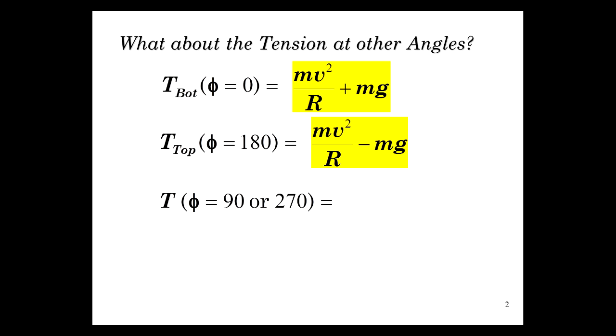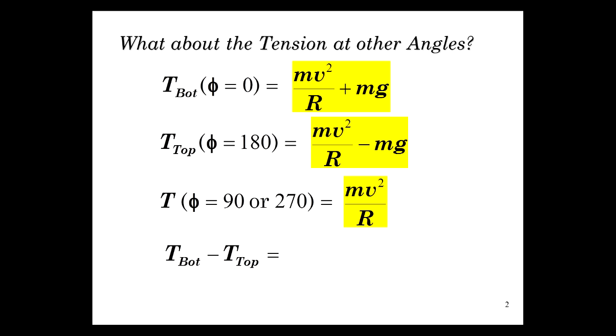At the sides, 90 degrees or 270, if you think about it, at those locations, the tangential force is gravity. So gravity is not contributing to the tension plus or minus because it's perpendicular to it. Therefore, it's just mv squared over r.